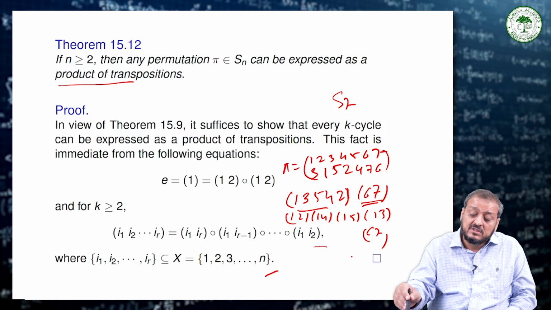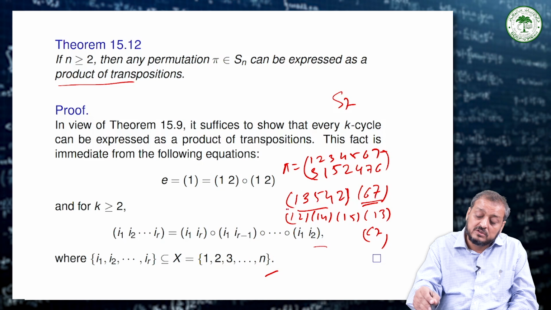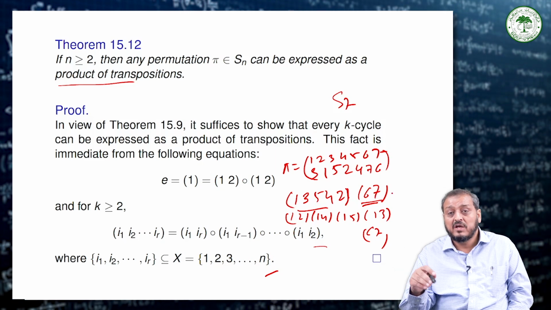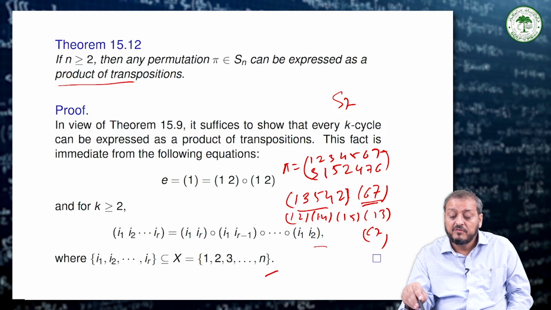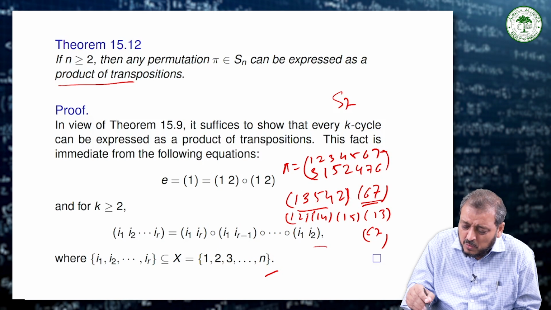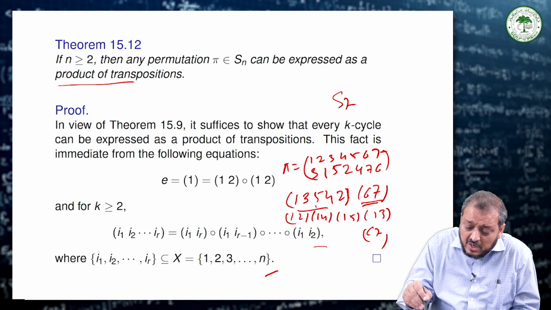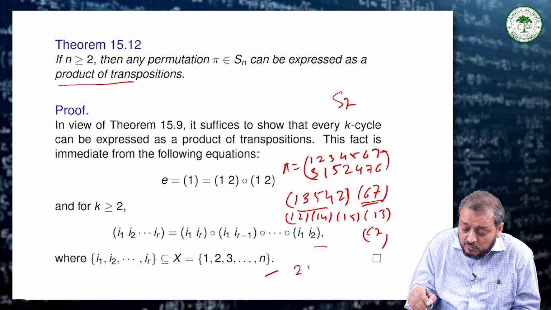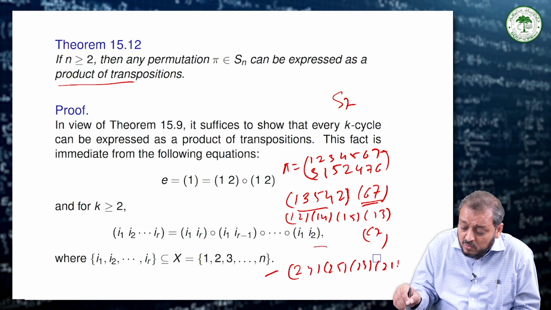So clearly these are disjoint cycles, and these permutations can be written in the form of transpositions. Or we can start from 2, and write (2 4)(2 5)(2 3)(2 1).